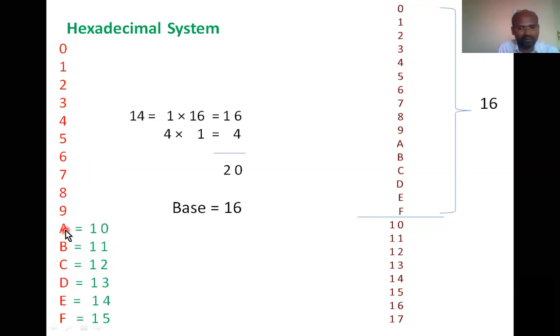Instead, what we are doing is using some alphabets: A, B, C, D, E, F. So totally how many symbols are there in the hexadecimal system? 16 symbols. 0 to 9 means totally 10, then A, B, C, D, E, F makes 16. Totally there are 16 different symbols in the hexadecimal system. That's why its base is 16.